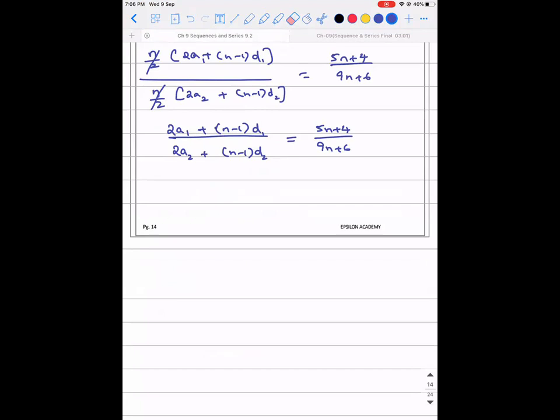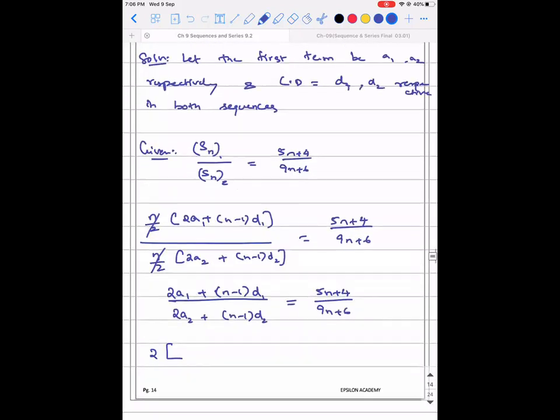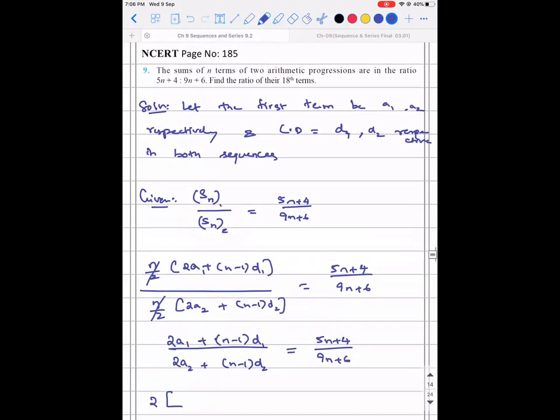And if we take out the 2 and divide it, we get that's right. So first, what you're saying is absolutely right. So first, let's take out 2. Then we'll get the idea. See, the difference between yesterday's problem and this one is, that's right. The difference between yesterday's problem and today's problem is there they gave the ratio of the n terms.